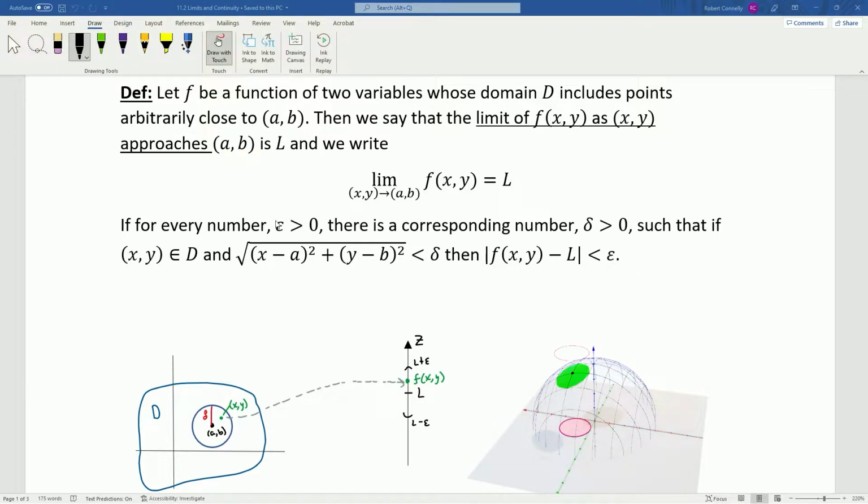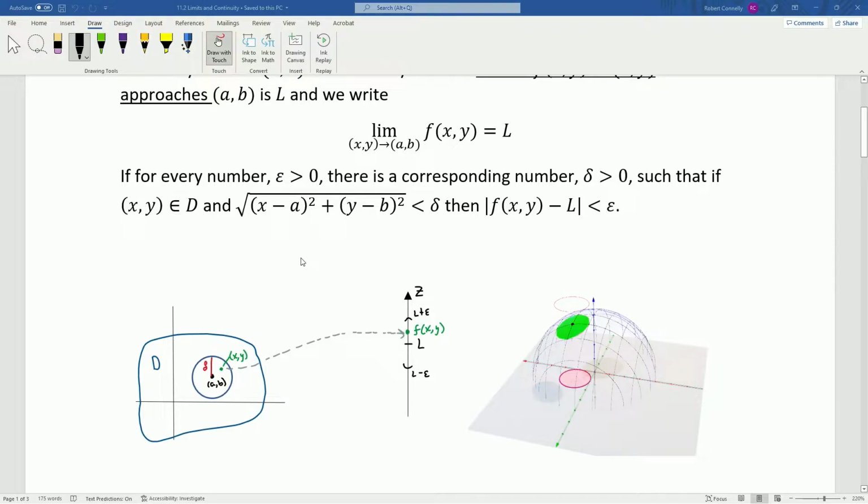The key here is that we can make this epsilon as small as we want, and as long as we can keep finding points within this delta that guarantee you get this output arbitrarily close to L, then we can say that this limit exists.